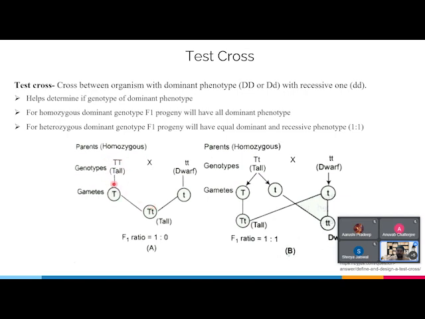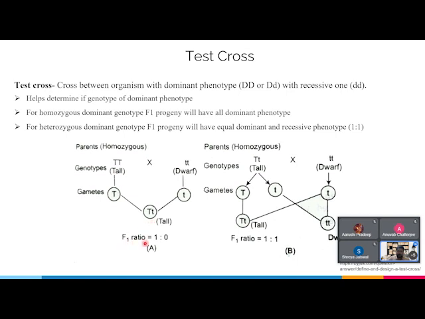In case we have a homozygous dominant and we cross it with the recessive one, in the F1 generation we will get a heterozygous progeny, and the phenotype will still be that of the homozygous dominant. So a cross between homozygous dominant and homozygous recessive will give you a heterozygous genotype, but the phenotype will still be that of the dominating parent.